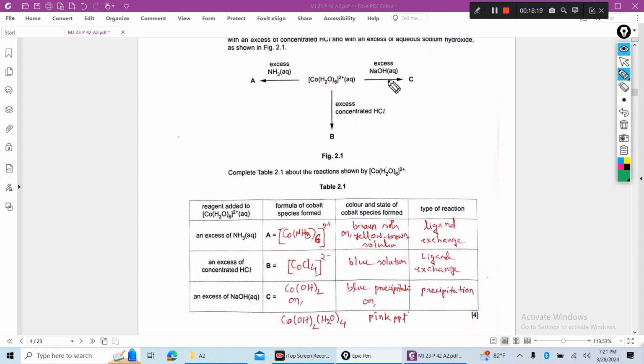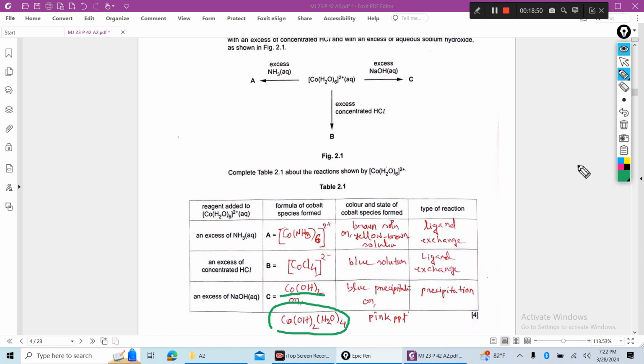Now you see, if you add excess sodium hydroxide to the aqua cobalt complex, first it will form cobalt 2 hydroxide, or you can write cobalt 2 hydroxide tetraaqua. If you write Co(OH)2, you get marks, but actually the formula is tetraaqua dihydroxy cobalt 2.